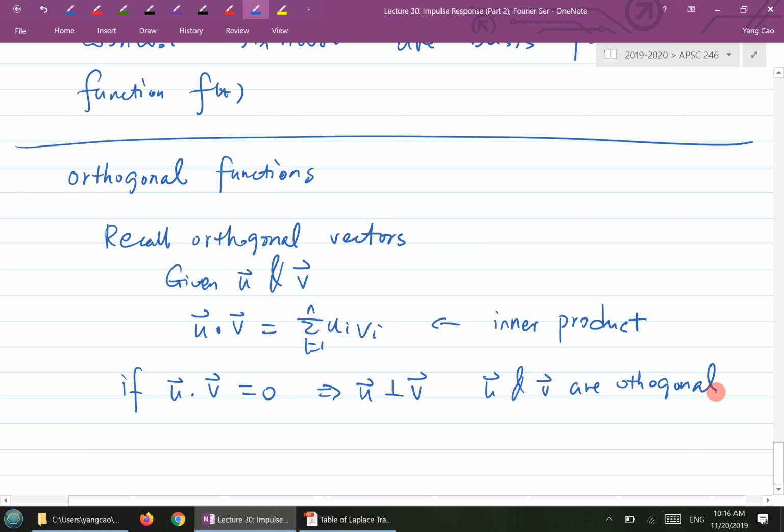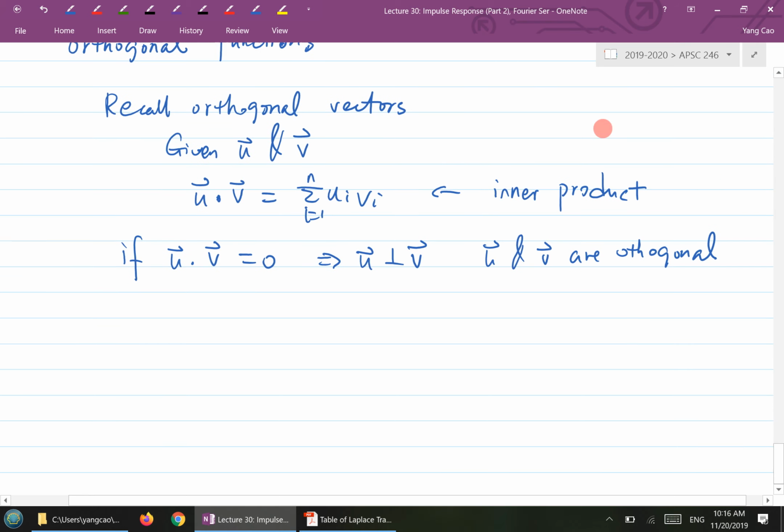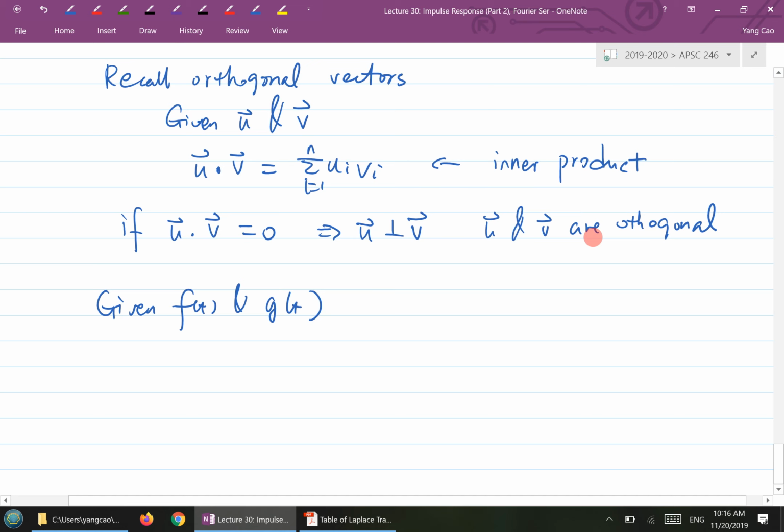How about functions? If I have two functions, f of t and g of t, and we integrate from a to b the multiplication of the two functions, that's a very simple integration.